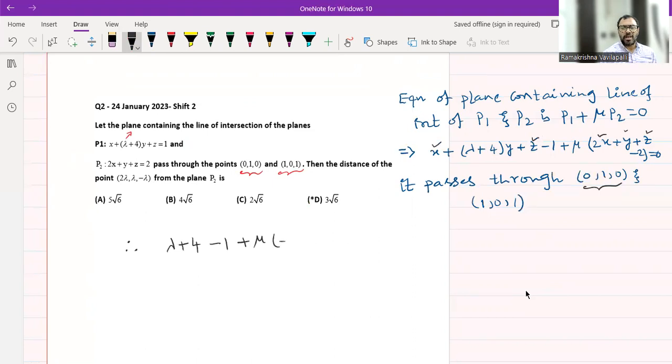So mu into minus 1 equal to 0. So we got one equation in terms of lambda and mu, that is lambda minus mu plus 3 equal to 0.